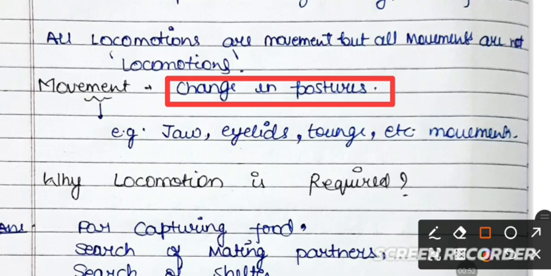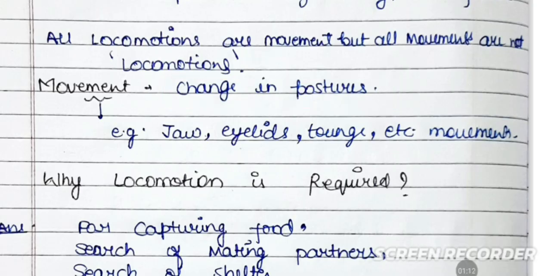But if there is only a change in posture, it is termed movement. So we get a very clear idea that all locomotions are movements, but all movements are not locomotion.